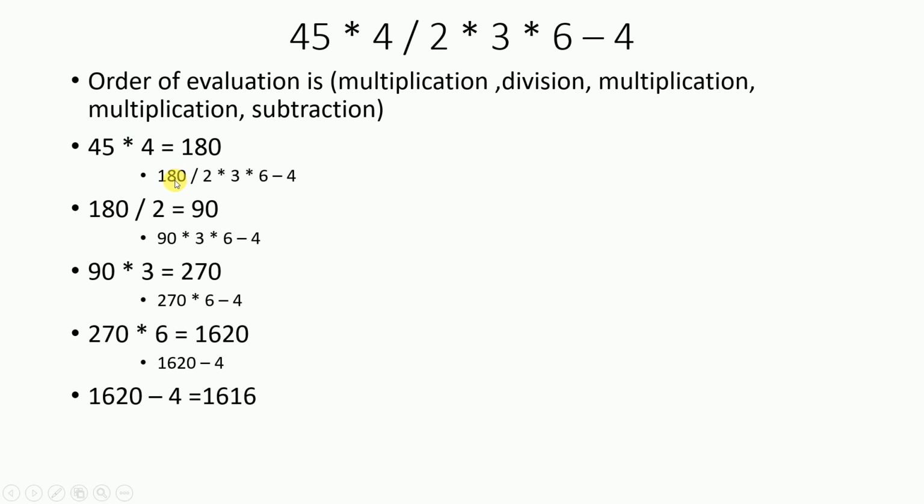It's 180, and 180 by 2 is 90, and 90 times 3 is 270, and 270 into 6 is, sorry, it's 1620. Correct. 270 into 6 is 1620, minus 4, and 1620 minus 4 is 1616.